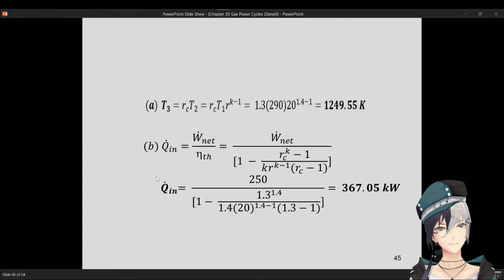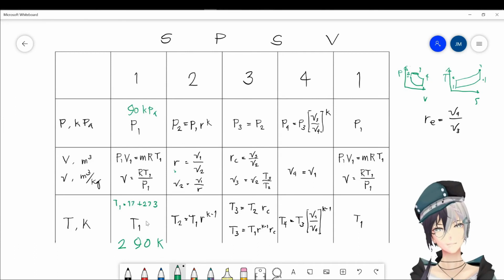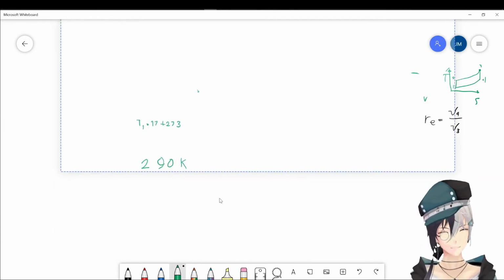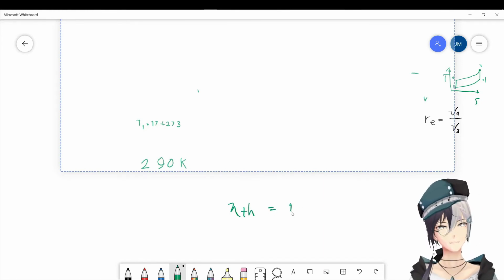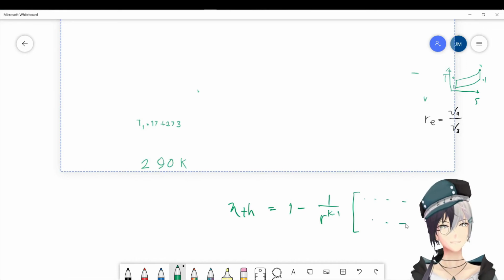I hope we are clear with this. It's a bit of a shortcut. If I were to do it, I'll solve first for thermal efficiency, so 1 minus 1 over r, minus 1, and so on and so forth.